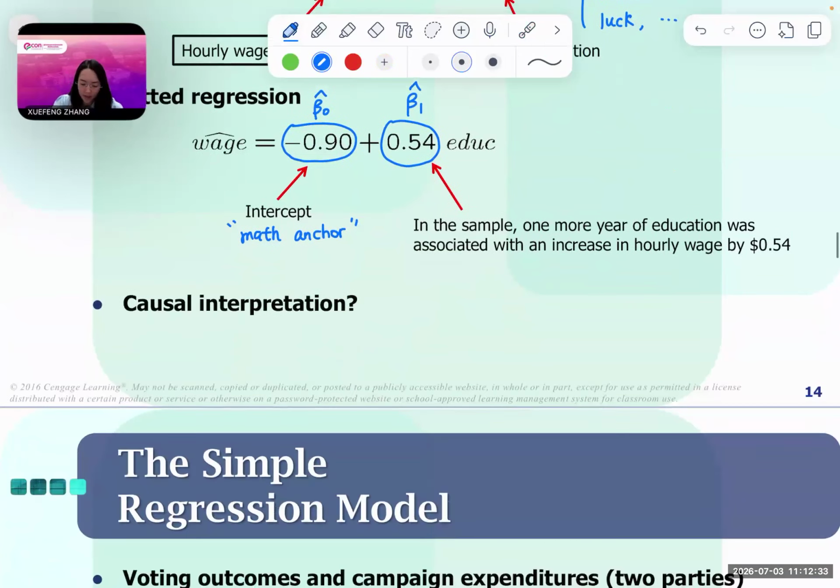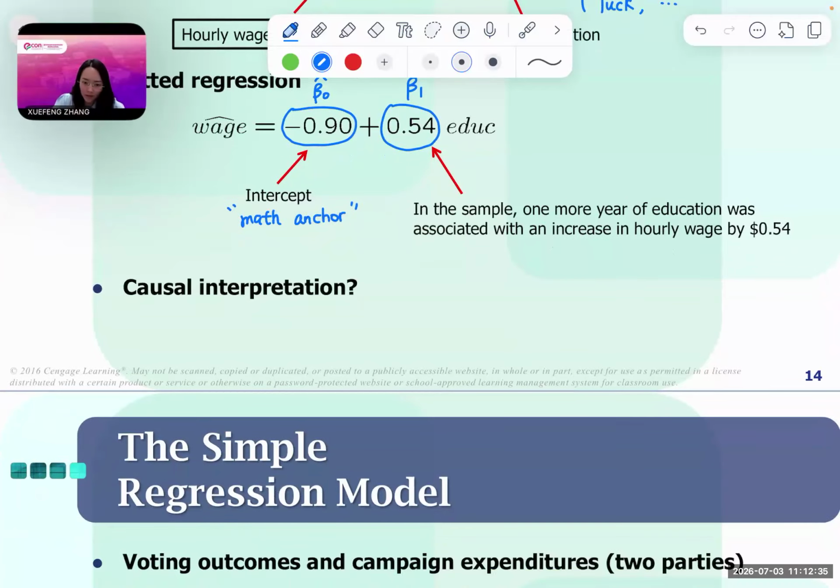So it means that the conditional expectation of mu given x doesn't equal 0. That means beta 1 hat equals 0.54 is biased, okay? Here biased means that it's not purely a causal effect, okay?